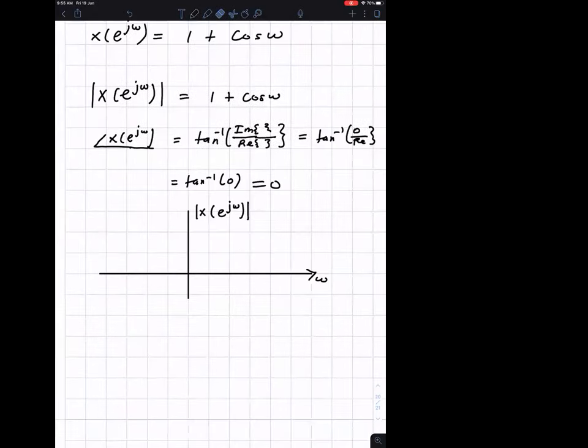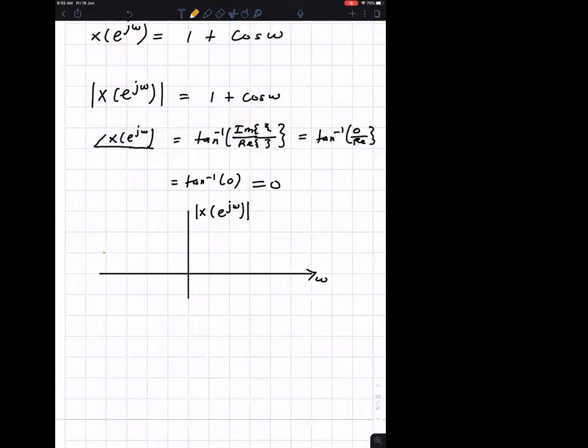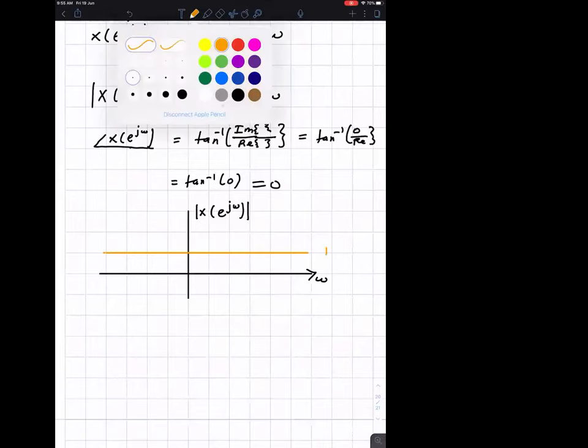We look at this. This is a cosine with a 1 DC offset. So this is 1 plus cosine.